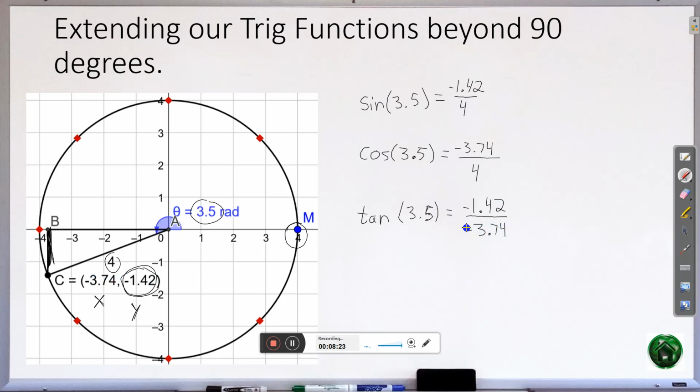So again, we're able to do this sine, cosine, and tangent ratio beyond 90 degrees, beyond our right angle, because we're using the basic information that the opposite side is the same as the y, the adjacent is the same as the x, and the hypotenuse is the radius of the circle.